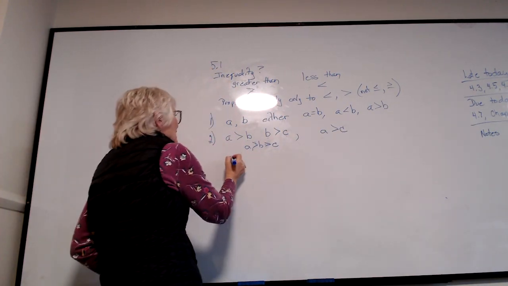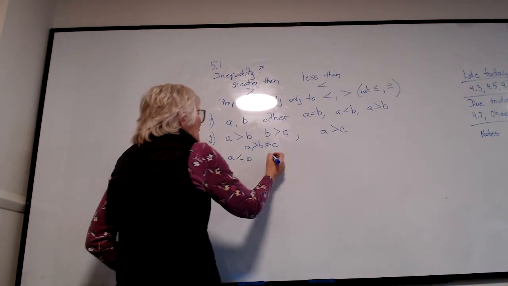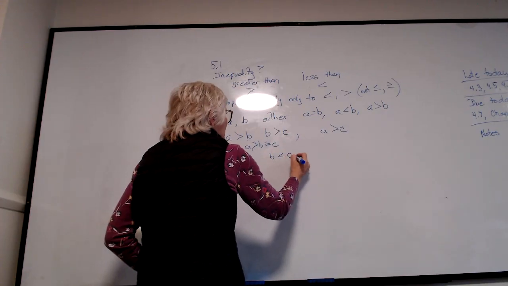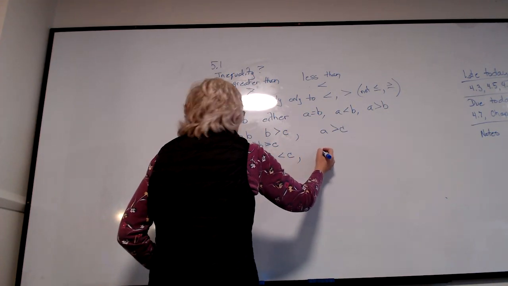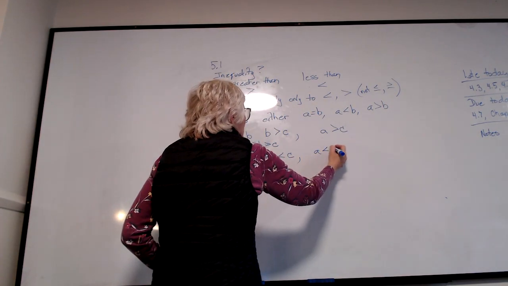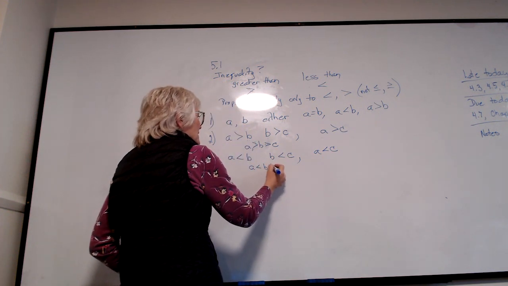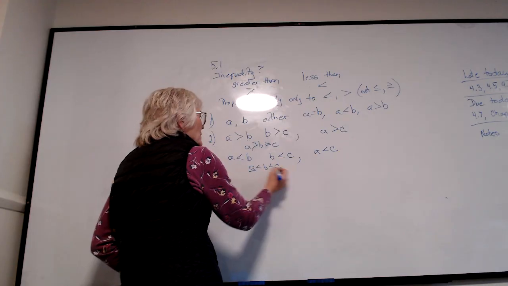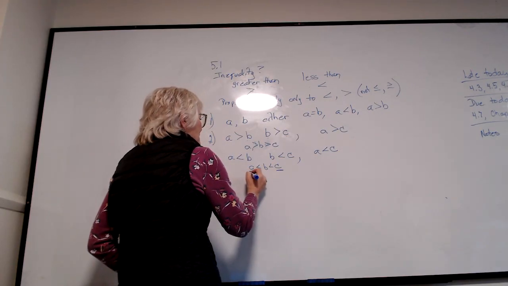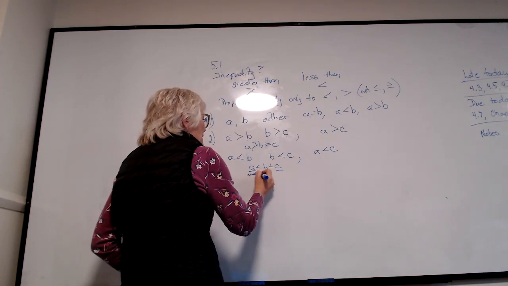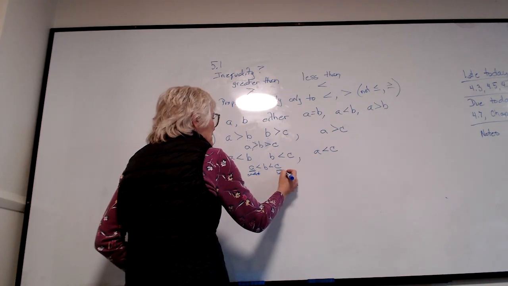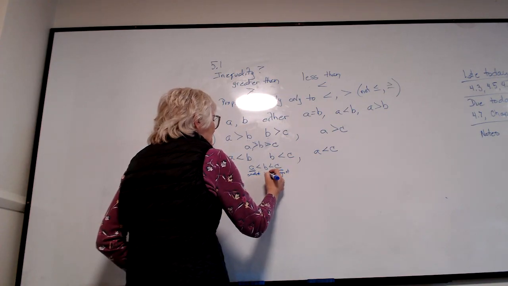If you have A is less than B and B is less than C, then A is less than C. Again, it's A is less than B, which is less than C. So this would be my smallest, this would be my largest, and this is in between.